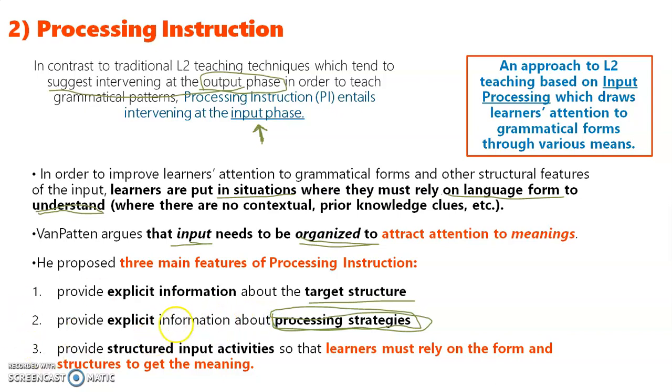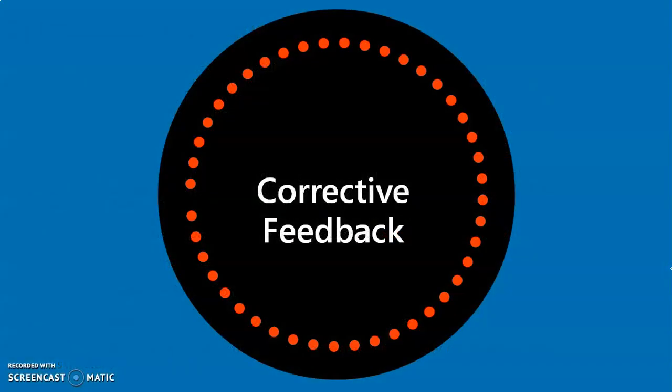And finally, the teacher would provide structured input activities in which the learners should rely on form to get the meaning. There is an example on page 122 on the textbook. You could please read it if you haven't attended the session, and you could also watch the recording of the session in which I discuss this example fully.